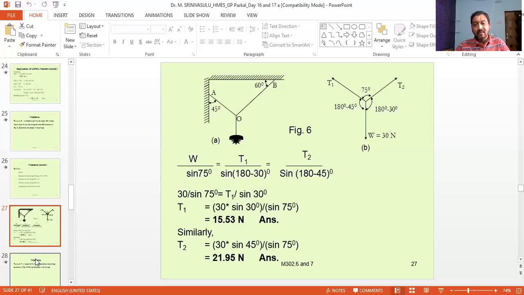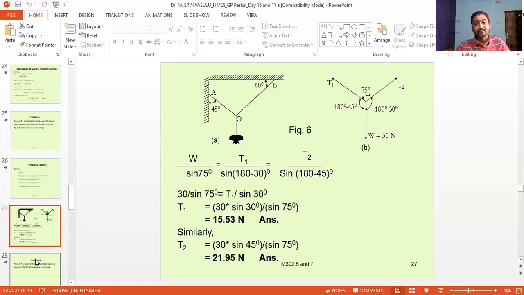And for the force T2, the angle between the other two forces T1 and W is 180 minus 45 degrees. Therefore, according to Lami's theorem, W by sin 75 is equal to T1 by sin of 180 minus 30, which is equal to T2 by sin of 180 minus 45 degrees.